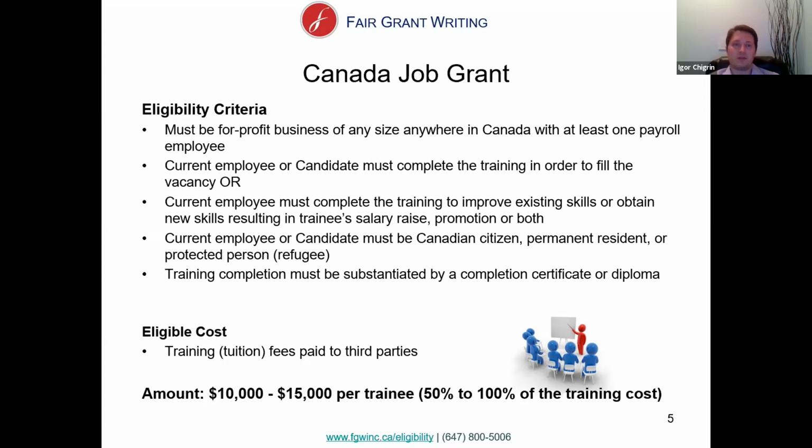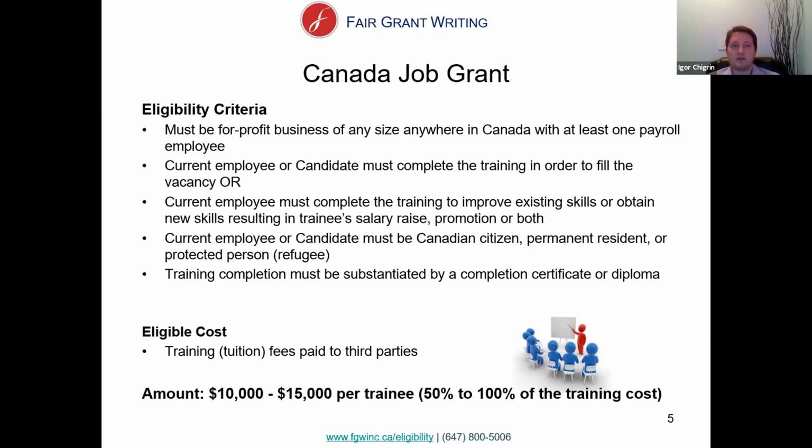So it's a pretty significant contribution. Quite a lot of our clients actually use this program for lean training. The government is very familiar with this subject and the benefits that lean training brings to the applicants, so they tend to approve lean training applications, even though they are very expensive.